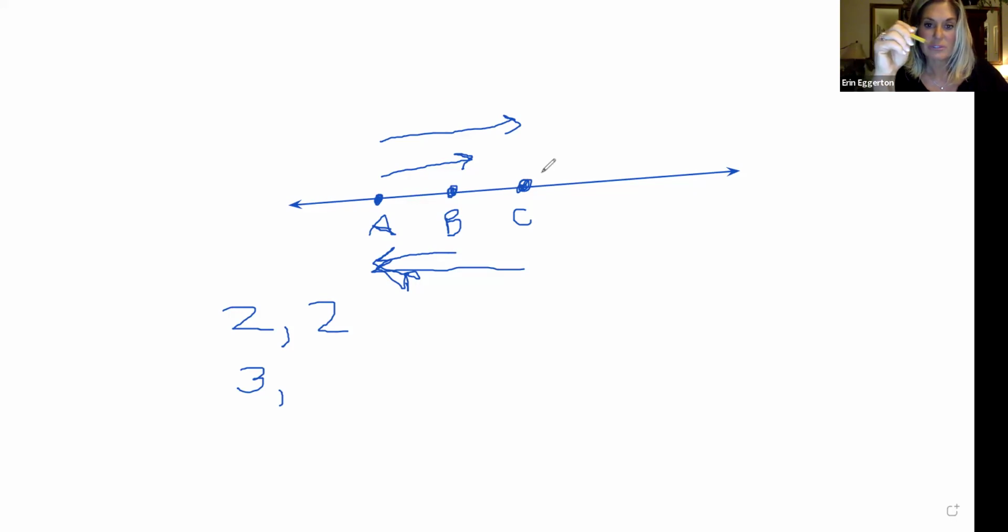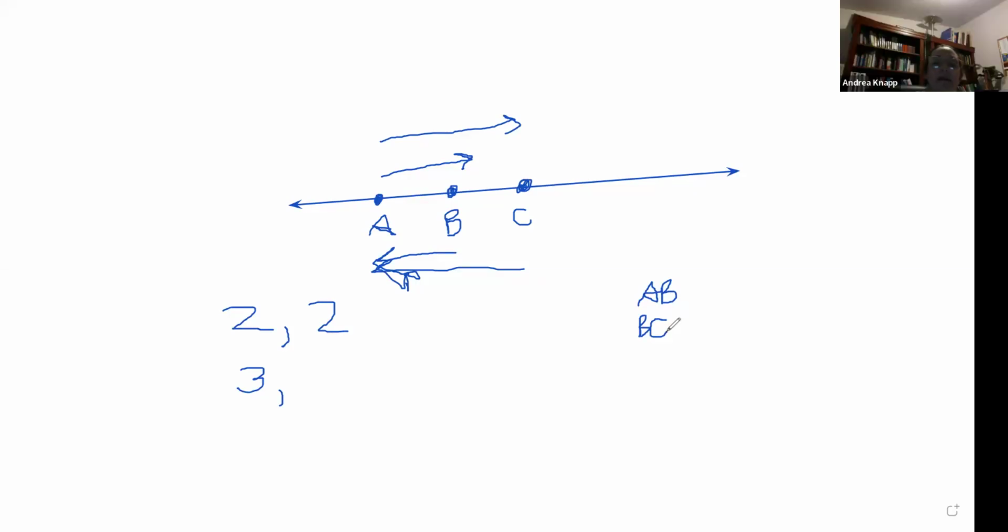So what is that? Is that 3 or 4? AB, AC is the same as AB. Okay, so BC is different than AC because the starting point is different.